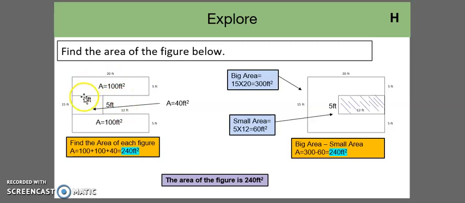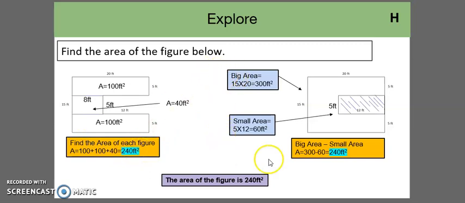From here, we could find the area of 3 figures. The first figure would be 20 times 5, and on the bottom would also be 20 times 5. So each of these would be 100. And in the middle area, we got 8 times 5, which is 40. So we can add 100, 100, and 40, and we get 240 feet squared.